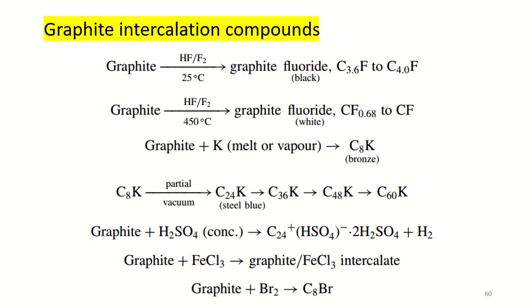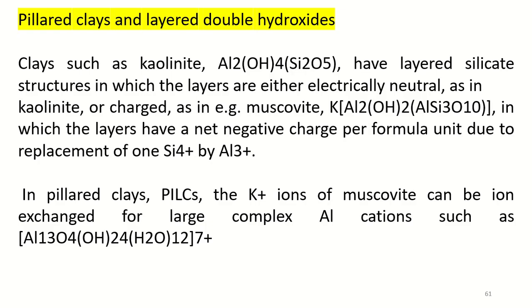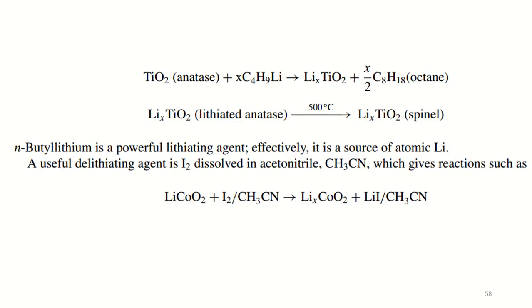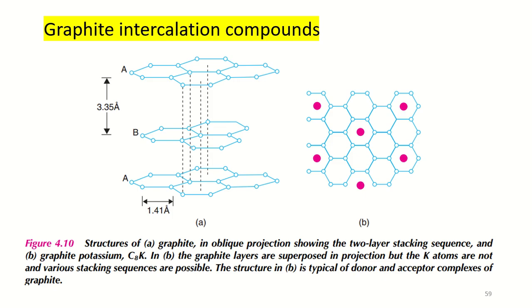The structure and electronic properties of graphite are already described. Here we note that the bonding within the graphite layer is quite strong, with an average carbon-carbon bond order of 1.5.